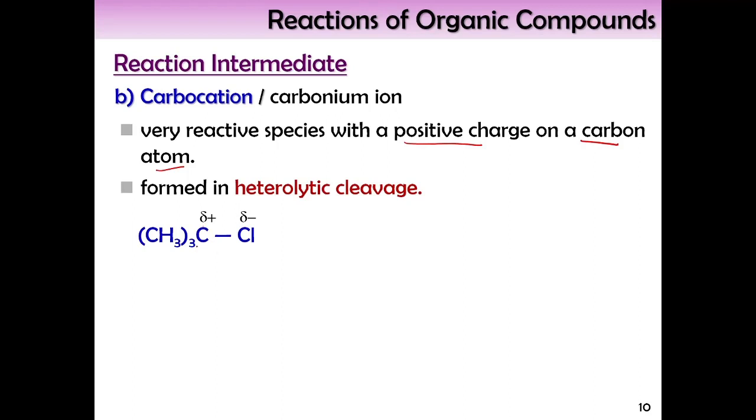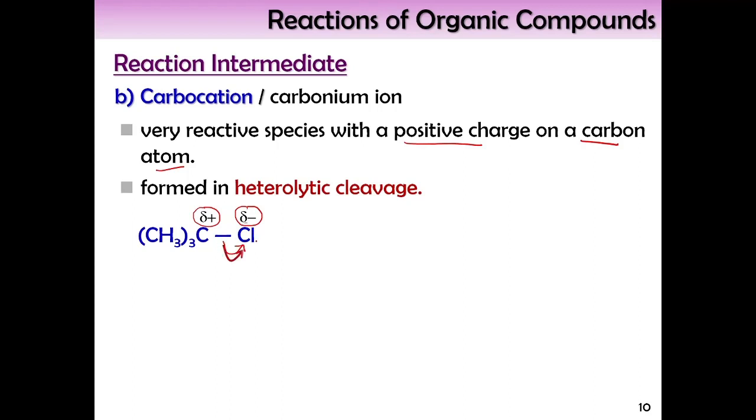In this example, we can see that Cl is much more electronegative. The sign here, delta minus, shows that Cl is more electronegative, or slightly negative. Delta plus means positive. So if this bond breaks, the atom which is more electronegative will get both of the electrons.